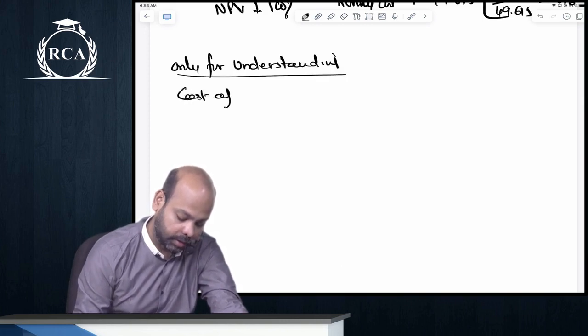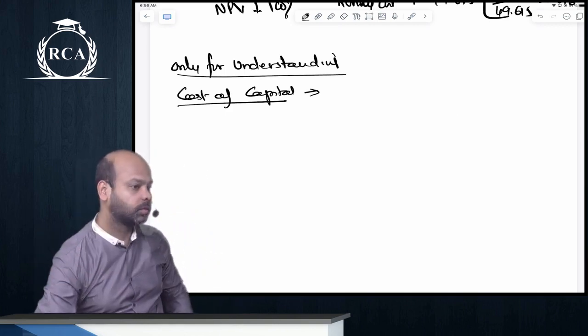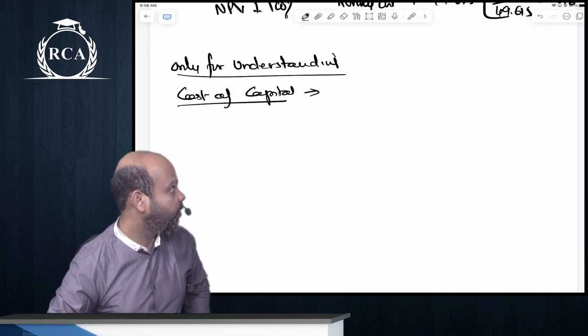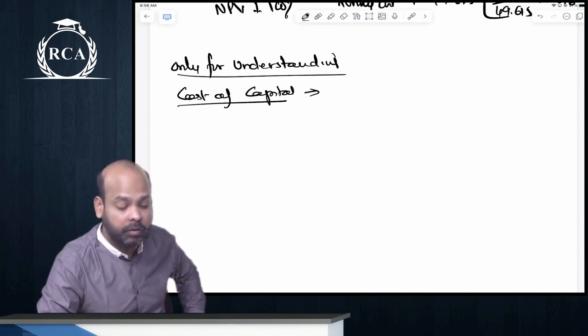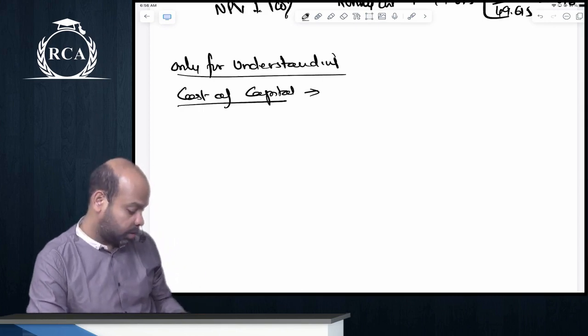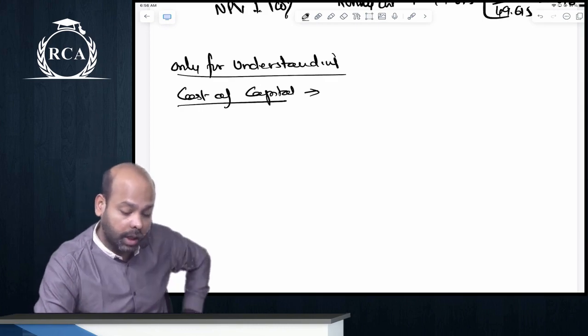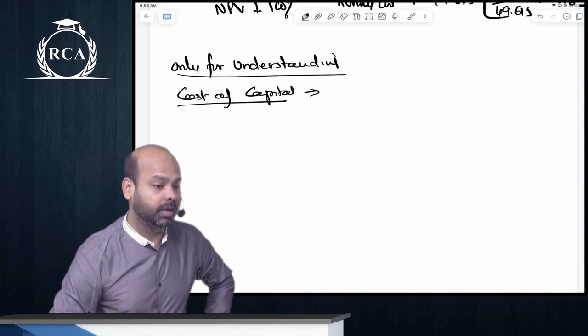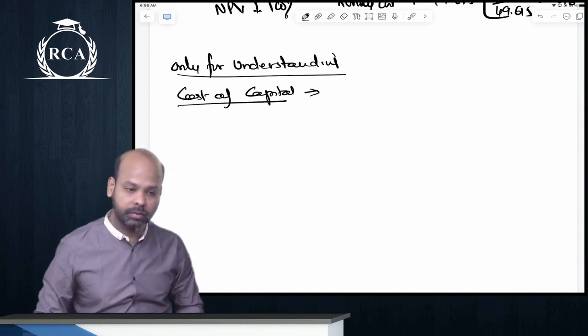Cost of capital. लिखना बेटा वहां पे. At IRR NPV is 0.